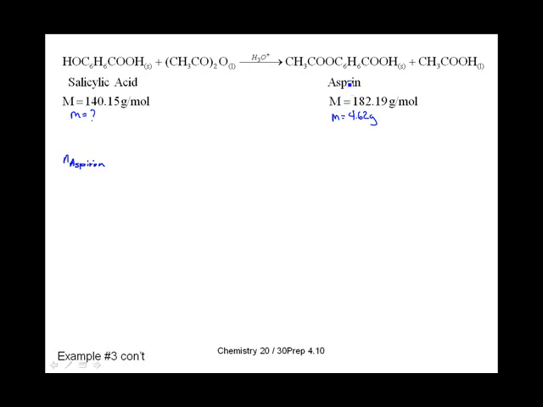There's an I in aspirin, look at that. The number of moles of aspirin is going to be mass over molar mass. Our mass is 4.62 grams divided by 182.19 grams per mole.